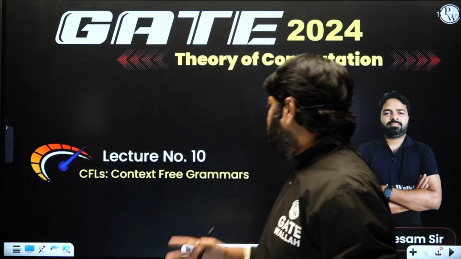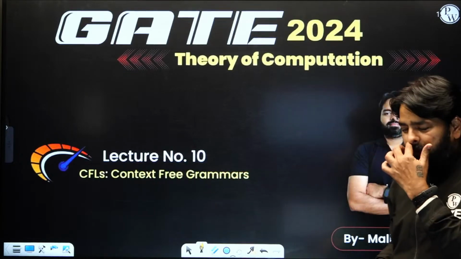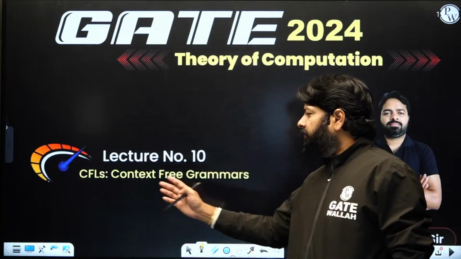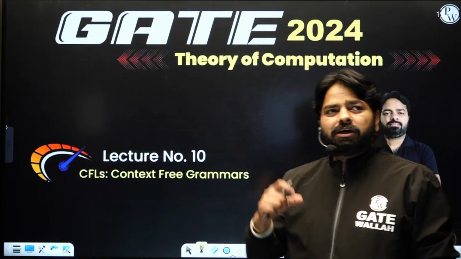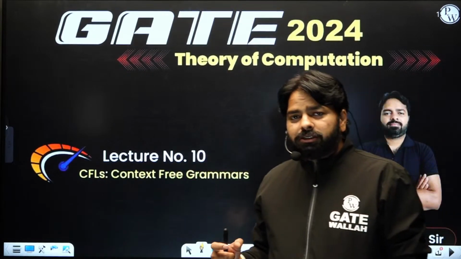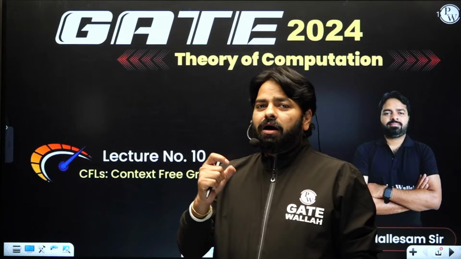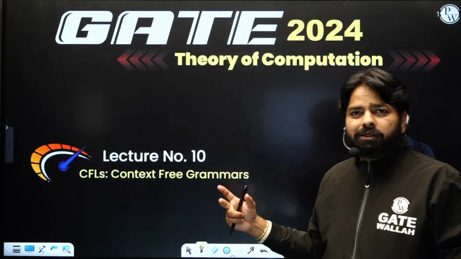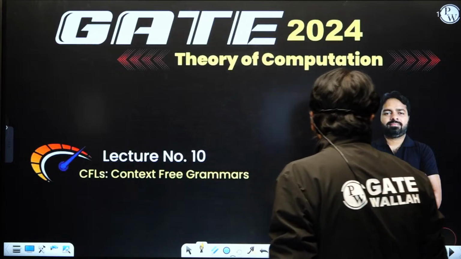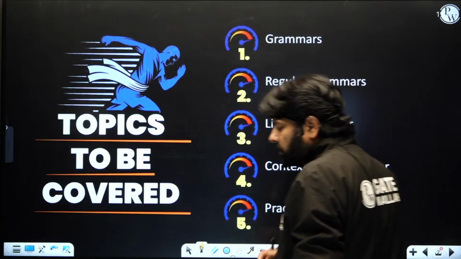In this session, we'll be starting the next chapter, which is context-free languages, in which the first topic is context-free grammars. You remember that the regular grammars we have already learned. Now, as the extension to the regular grammars, we are going to focus on the context-free grammars. What is there in the context-free grammars?